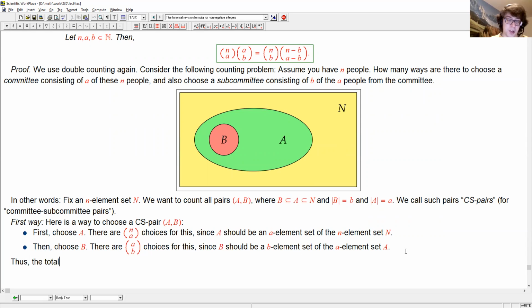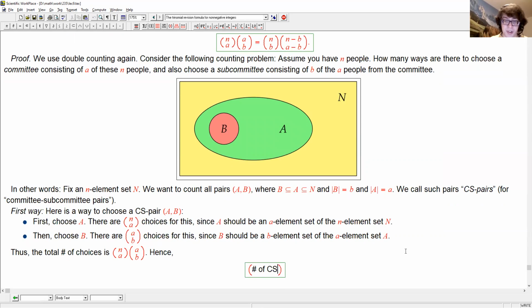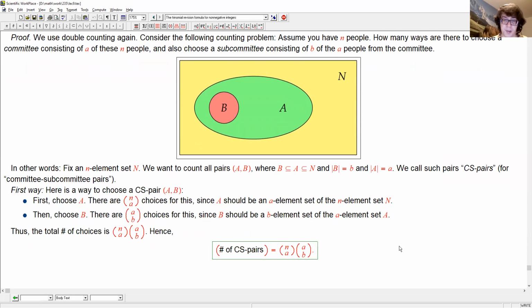Thus, the total number of choices is n choose a times a choose b. Hence, the number of CS pairs is this product. That was the first way.